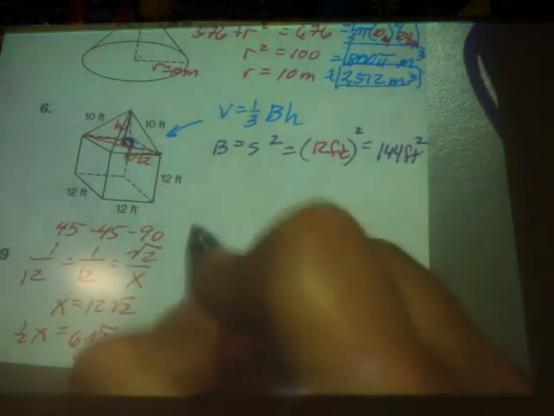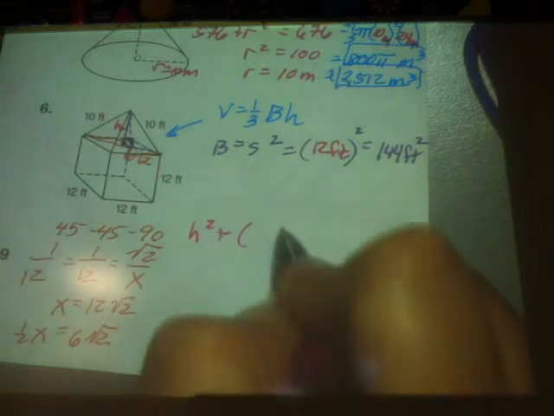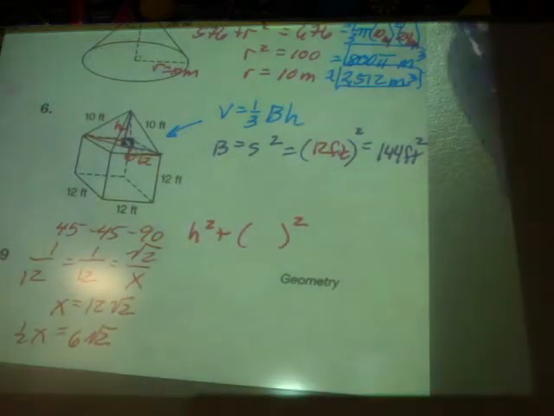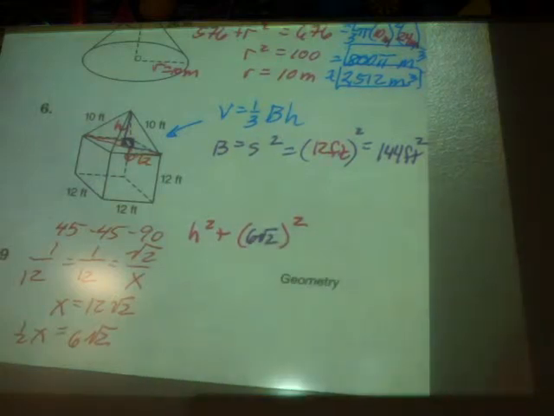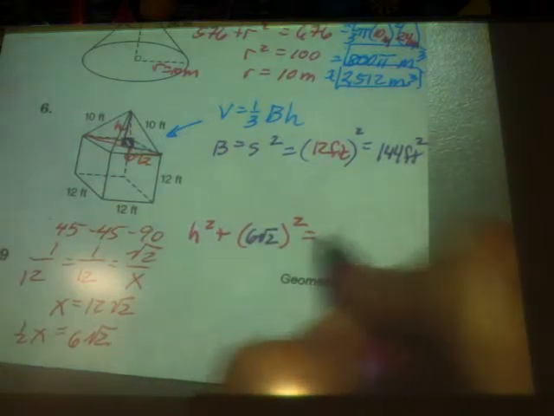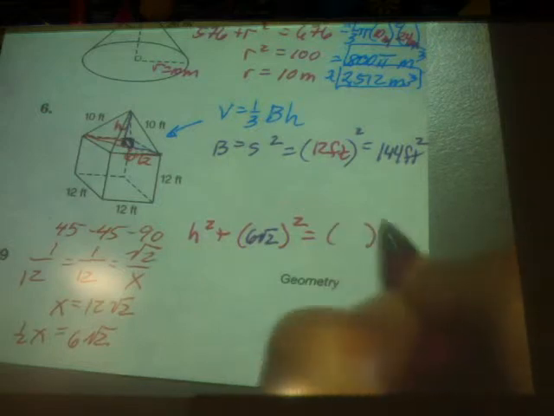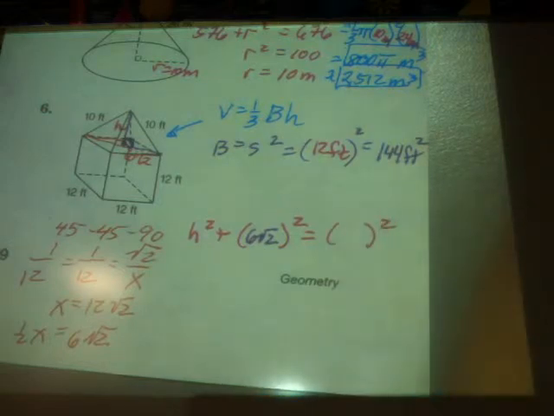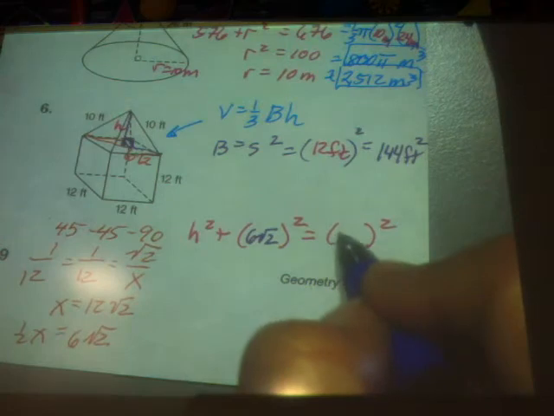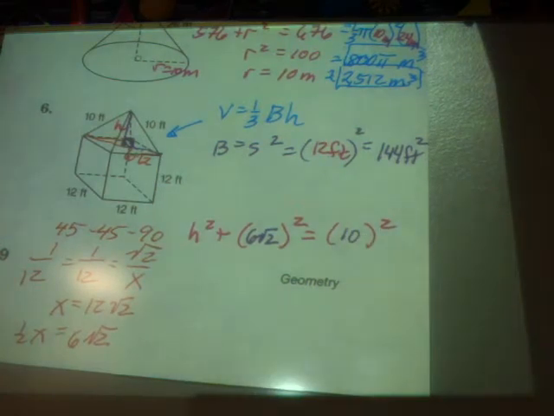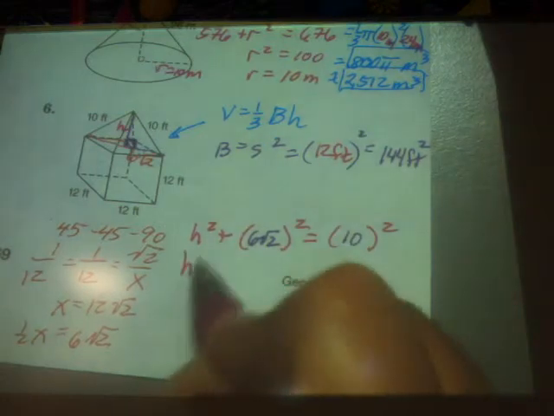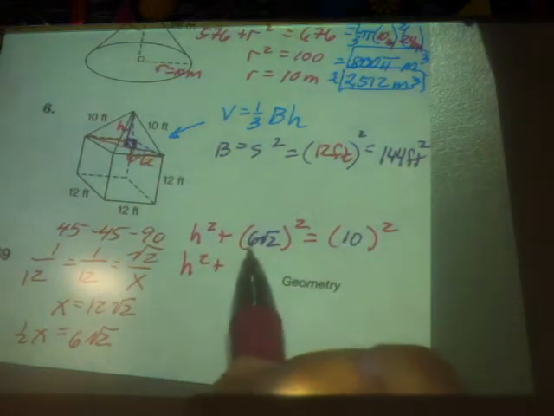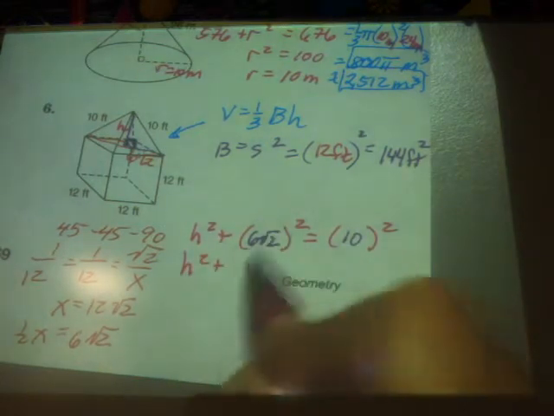And we're going to say h squared plus, I'm going to square this leg, 6 radical 2, equals, and we're going to square this lateral edge here, which is the hypotenuse, 10. So I get h squared plus, when I square the 6, what do I get? 36.